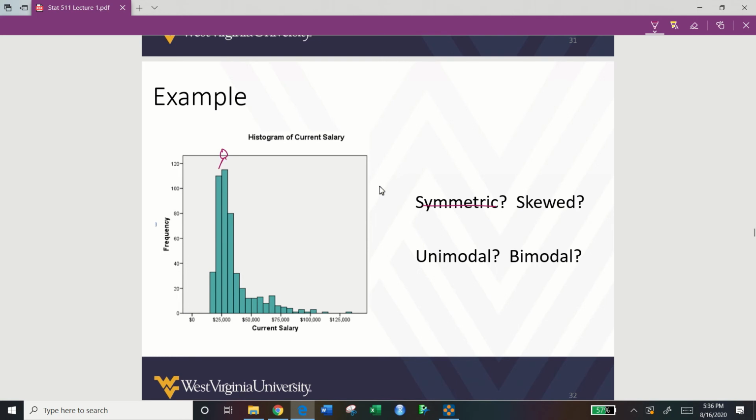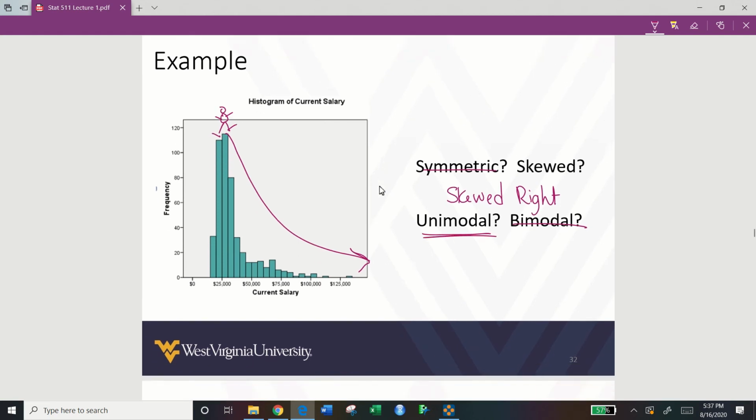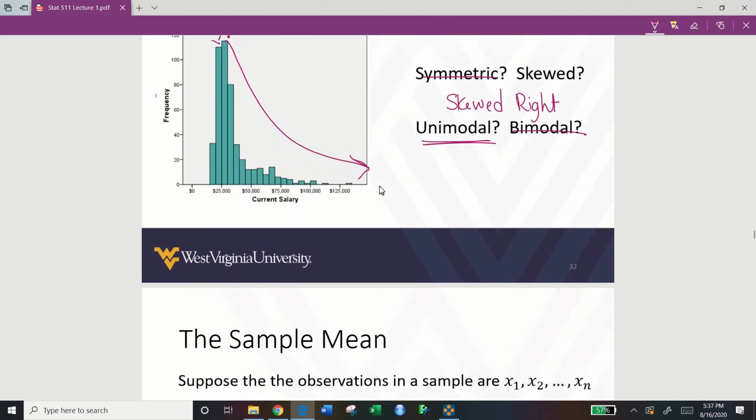Well, again, think of our person skiing. He's going to be skiing to the right, so it is skewed right. And it looks like we only have one mode, so it is unimodal. This is a very good interpretation of that histogram.